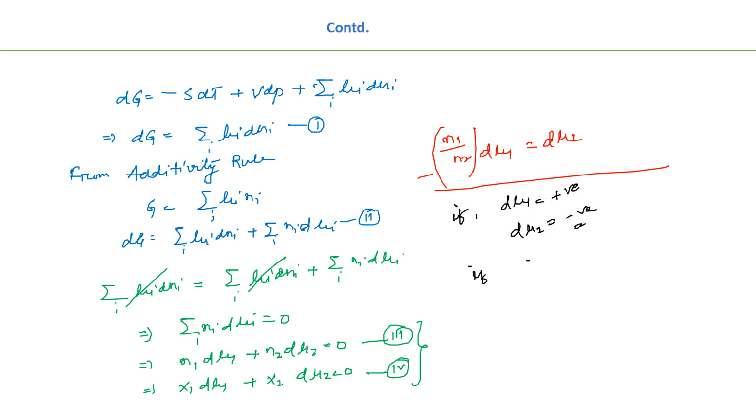If d mu1 is negative, then d mu2 is positive. This is the significance of the Gibbs-Duhem equation. So we'll conclude here and see you in the next video. Thank you.